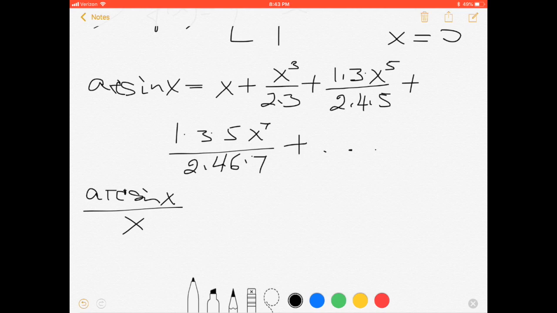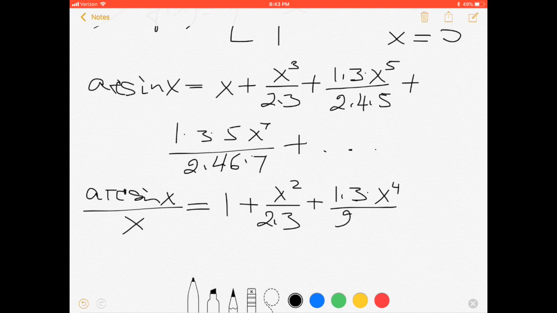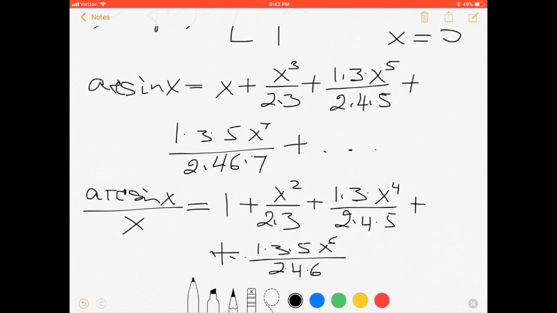We only divide each term by x, and we have 1 plus x squared over 2 times 3 plus 1 times 3 x to the 4th over 2 times 4 times 5 plus, next term, sorry, 1 times 3 times 5 x to the 6 over 2 times 4 times 6 times 7, and you can continue.